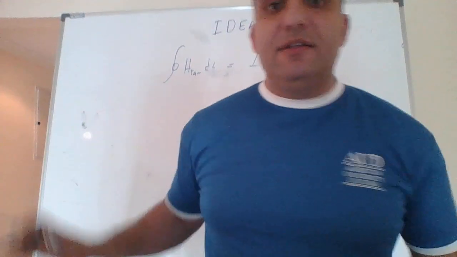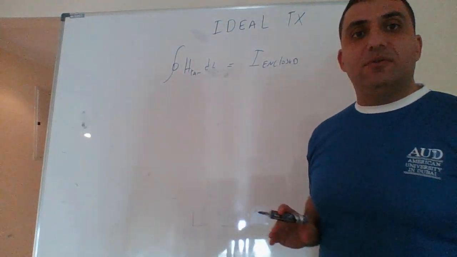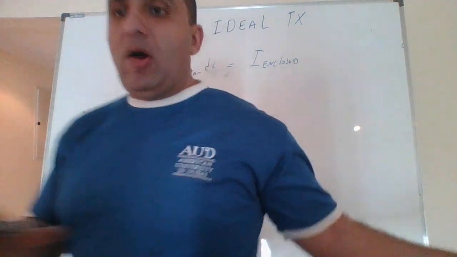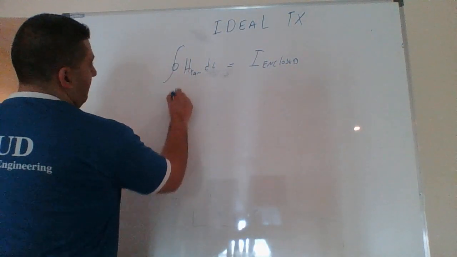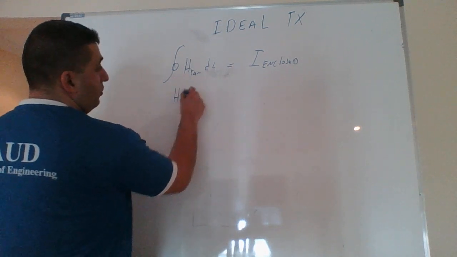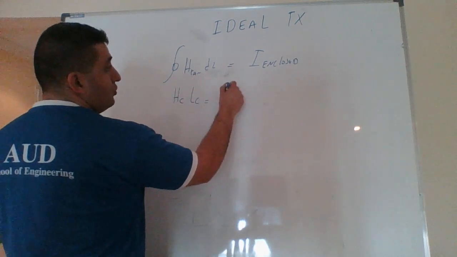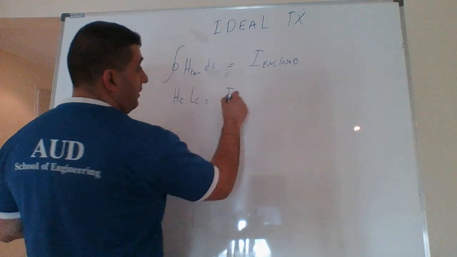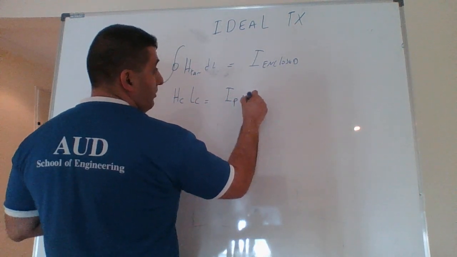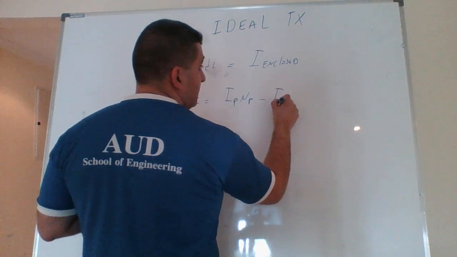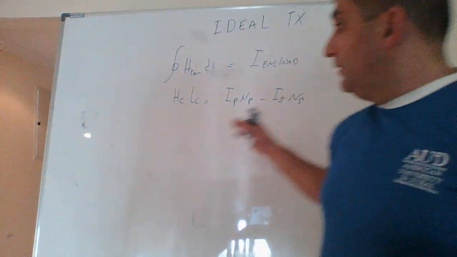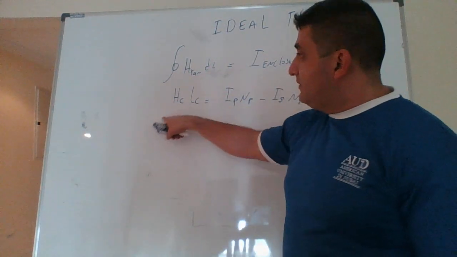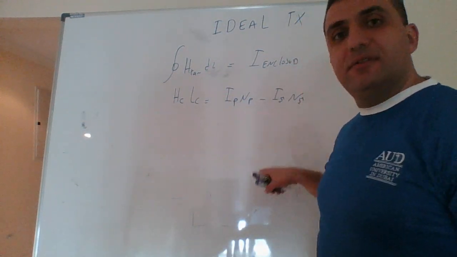Now, when I come to our magnetic circuit with Ampere's law, I will have HC for the core times LC for the core equal to I primary N primary minus I secondary N secondary. The LC is the length of our transformer.